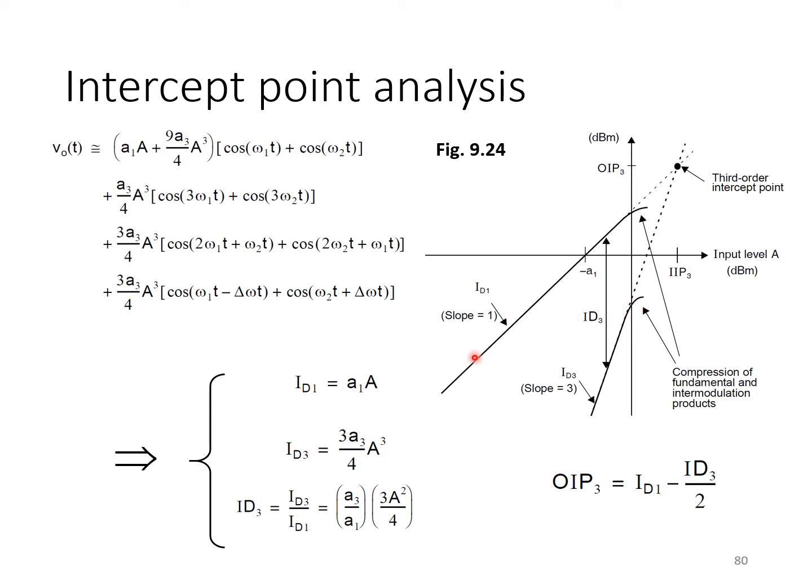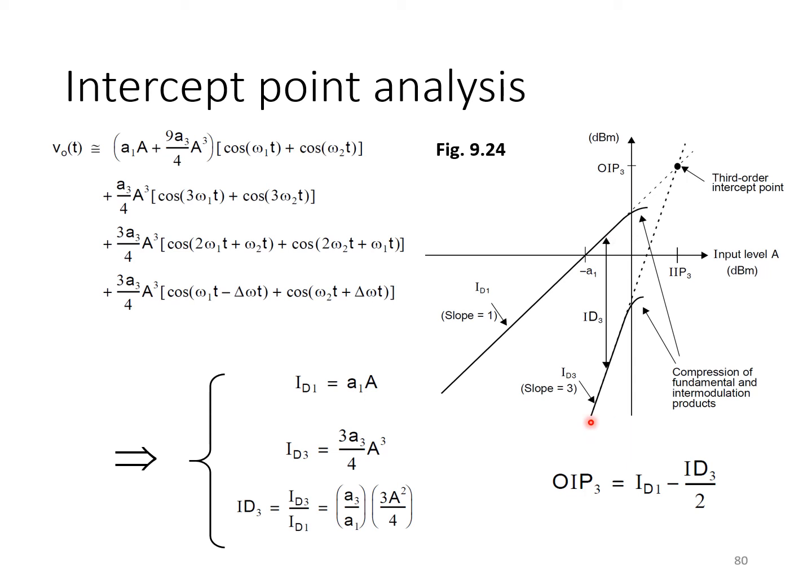So in either case, we would see that the fundamental terms increase on a log-log scale with a slope of 1, because the output fundamental is proportional to the input signal level. Now, where this curve lies, whether it's shifted up or down, will depend on the gain of the amplifier, but it will always have a slope of 1 for the linear terms at the output.